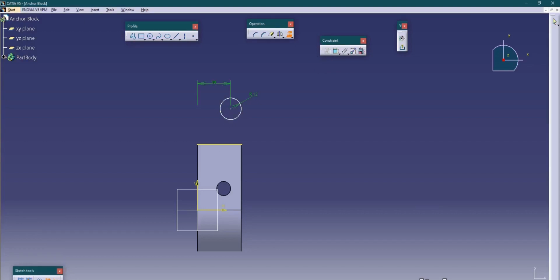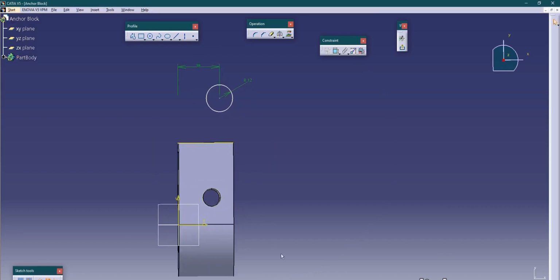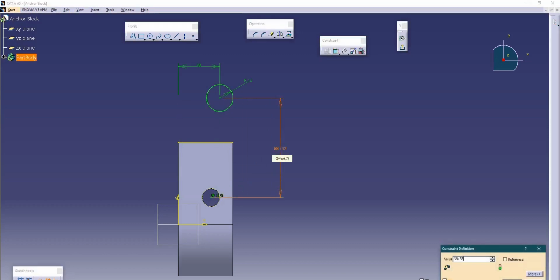So let us project, take one axis for the reference purpose. (36 plus 38).